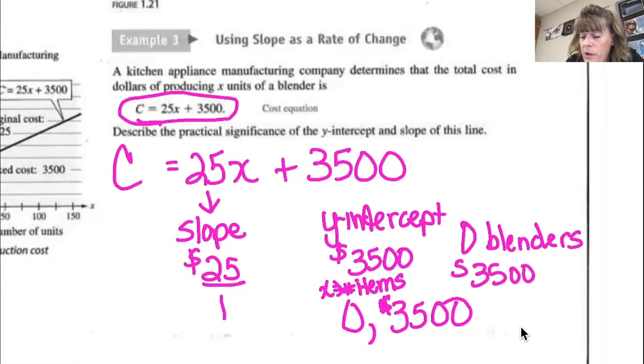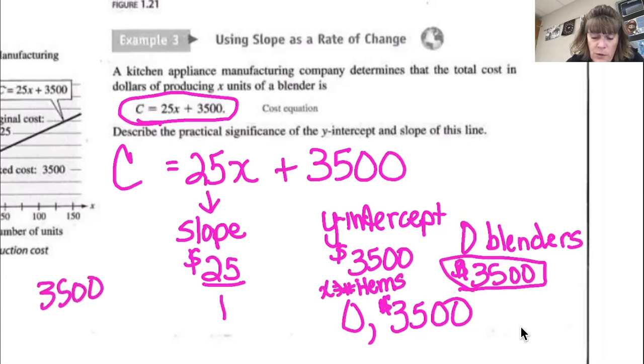Now, how could it possibly be that it's going to cost $3,500 when no blenders are produced? That means this would be like the set operating costs. Like, for example, it would be the cost to just buy the equipment. So 3,500 would be your cost to get started.